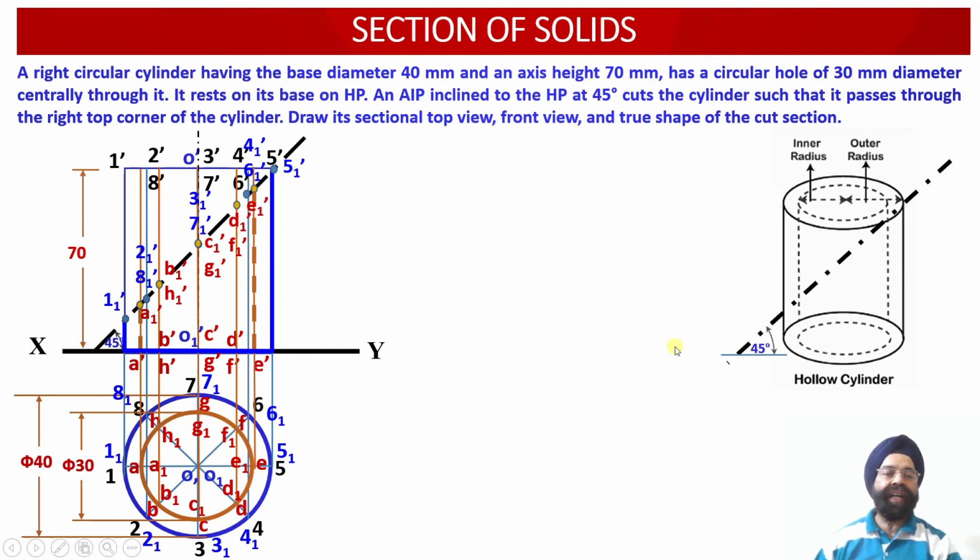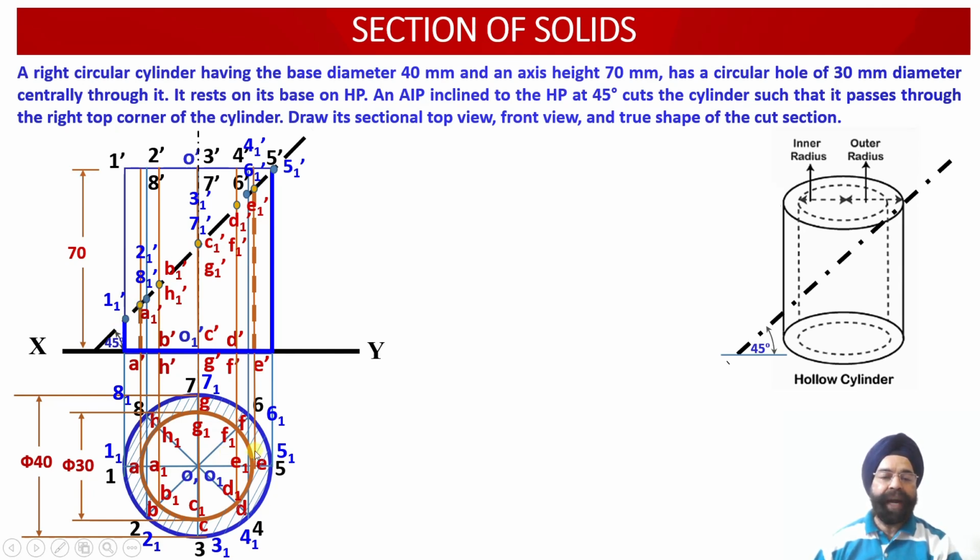Now we are required to evaluate the section top view. We can see that this cutting plane passes through the whole of the cylinder. At some points it will intersect the top portions, whereas at some other points it is going to intersect the cylinder at the lower portion.